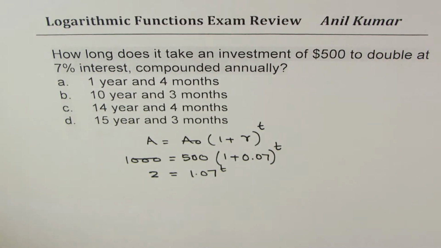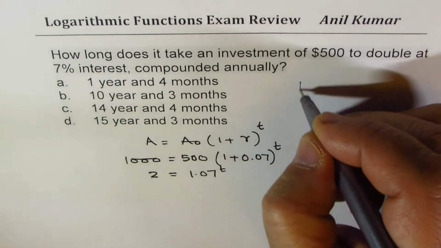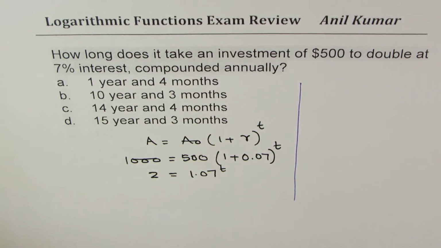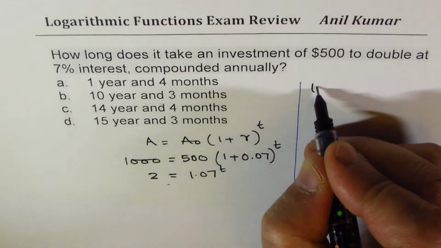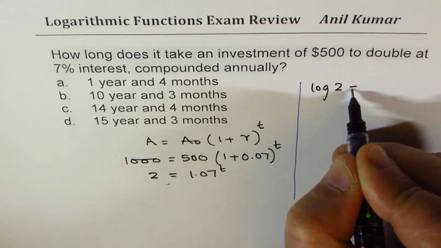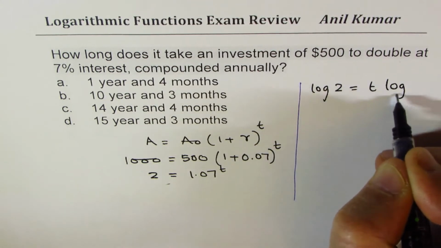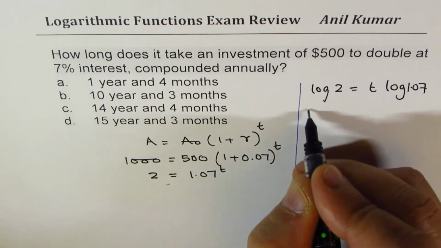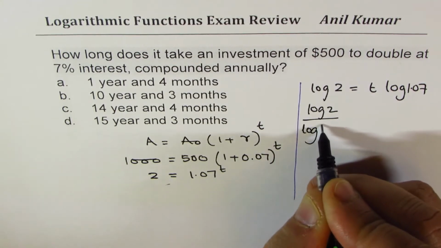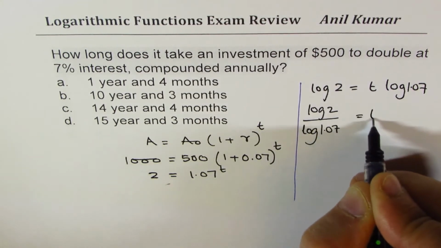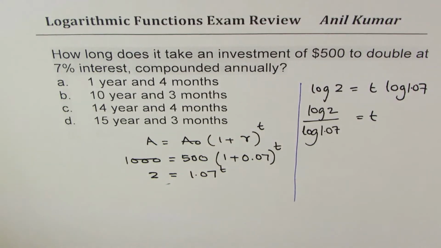Now we have to solve this using logarithms. So that's a huge application of logarithms. Whenever you have to find time, you may have to use logarithms. So taking log both sides, we get log of 2 is equal to t times log of 1.07. So log 2 divided by log of 1.07 is the time. So let's use the calculator.